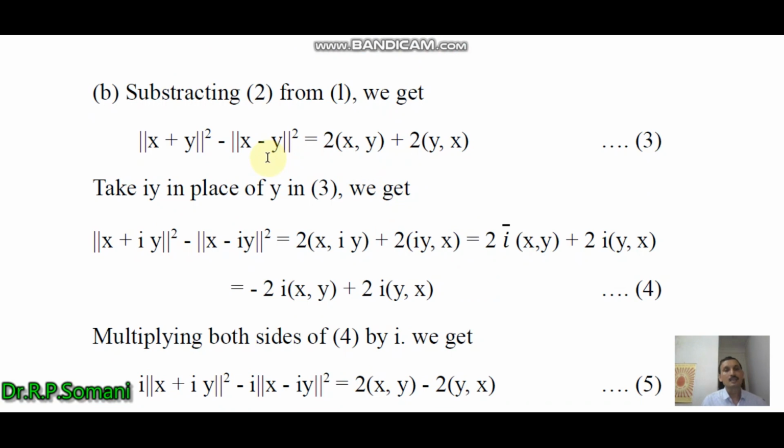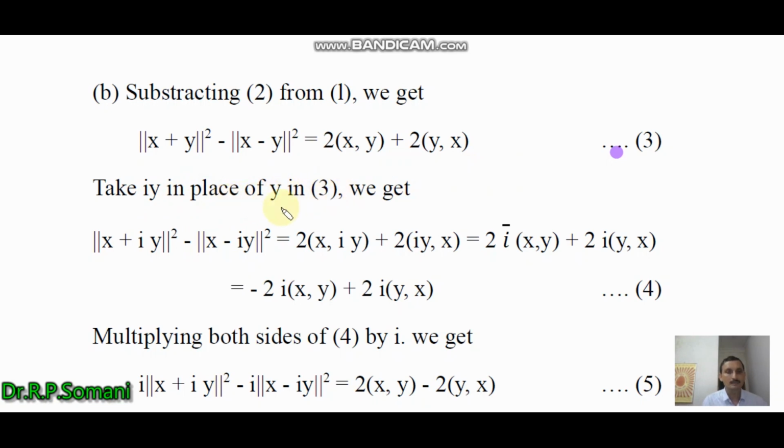Subtracting equation 2 from 1, we obtain norm x plus y squared minus norm x minus y squared equals 2 inner product (x, y) plus 2 inner product (y, x). We denote this by equation 3. Now we take iota y in place of y in 3.